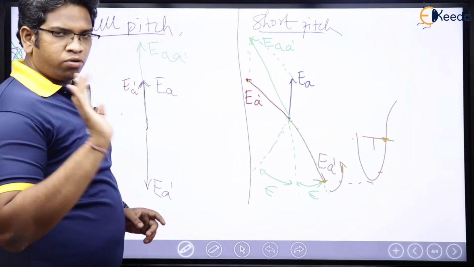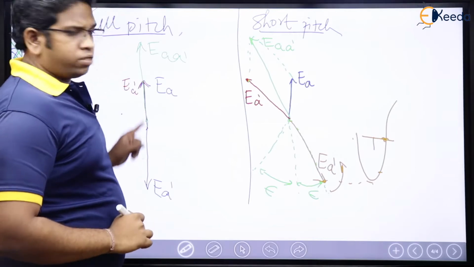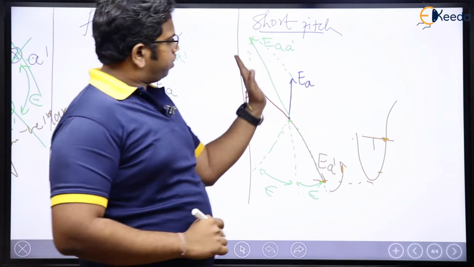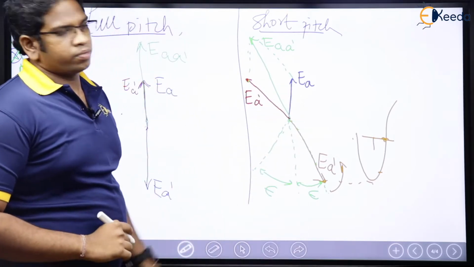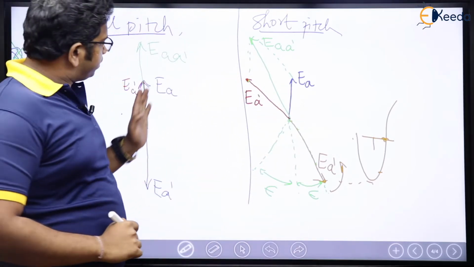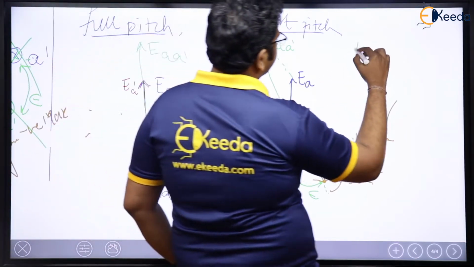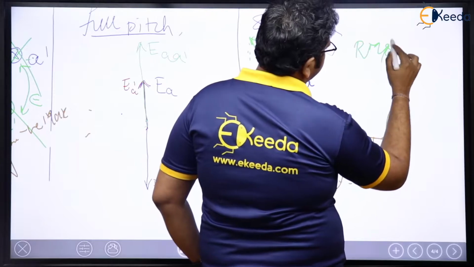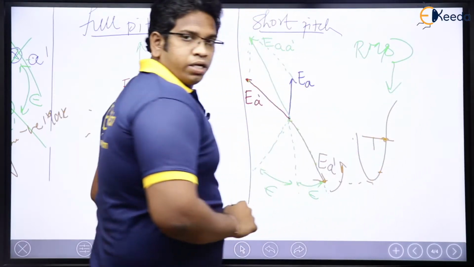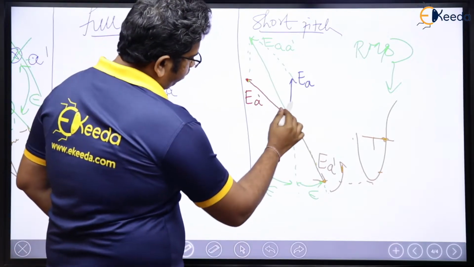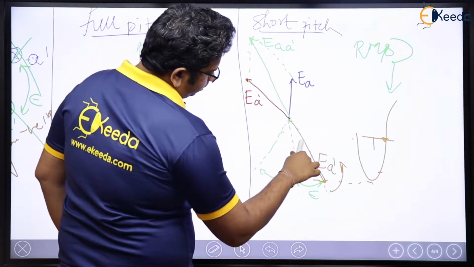Now if you just observe, by observation you will understand. Here the RMS value is more, here the length of the phasor is more, whereas here the length of the phasor is less. Here we understood that RMS is reduced. Now, if this angle is epsilon, the vertically opposite angle is epsilon.